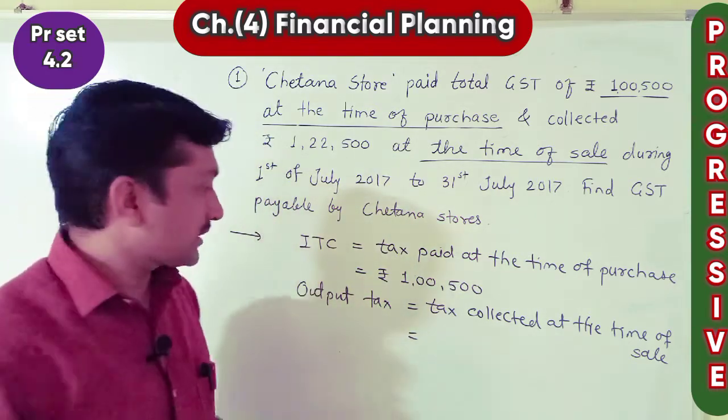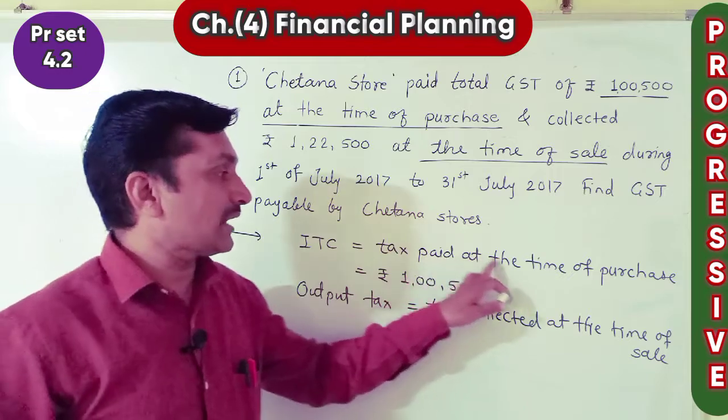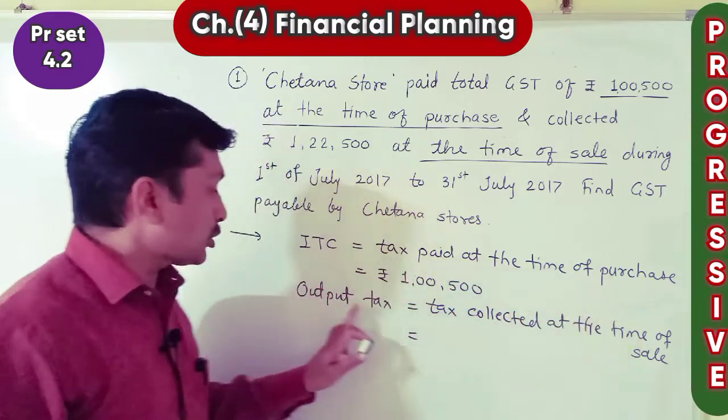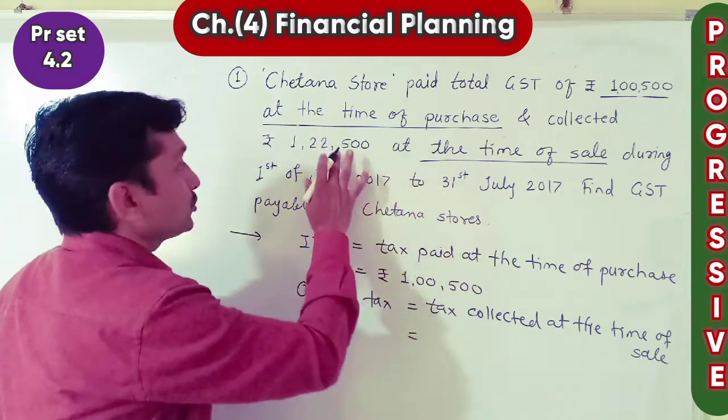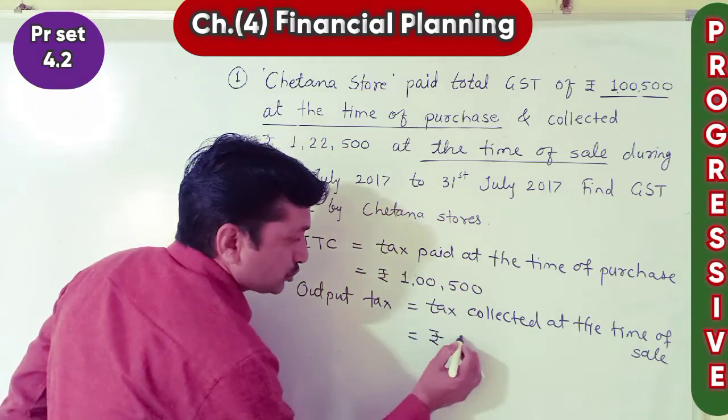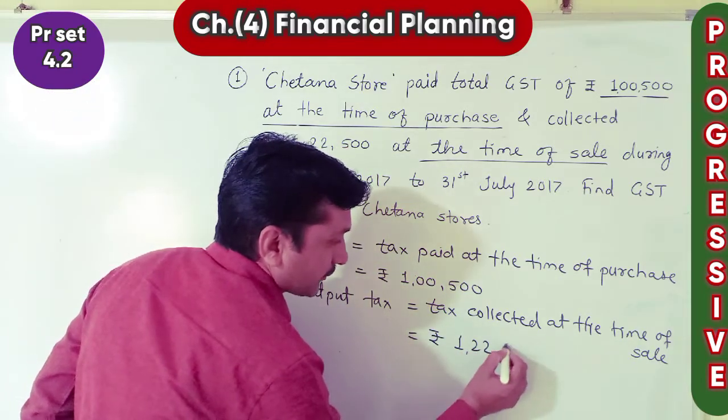Did you understand? ITC means tax paid at the time of purchase, output tax means tax collected at the time of sale, and that is 1,22,500.